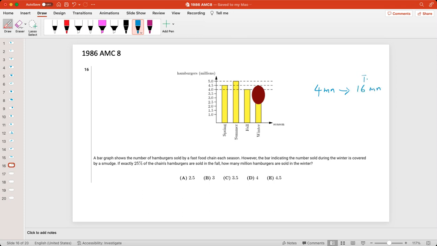So this is the total. Right? So now to find winter, we have to reduce from the total the other seasons. So we have to reduce 4.5, then 5 for summer, and then for fall it is 4, which leaves us with the balance of 2.5, which is answer option A. Going to the next question.